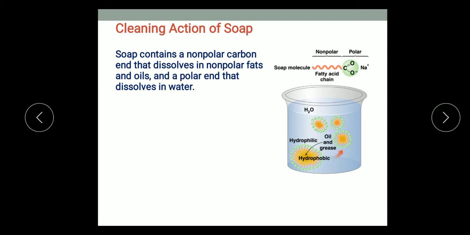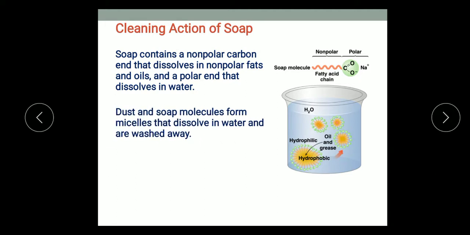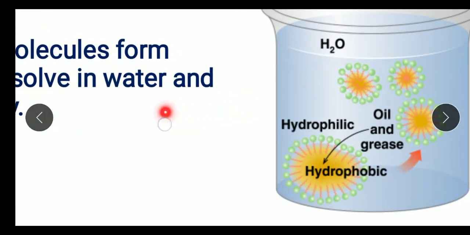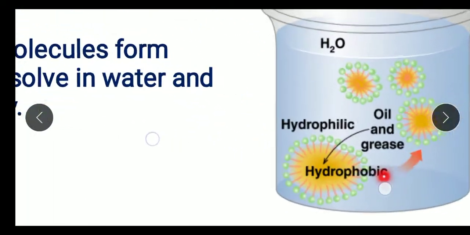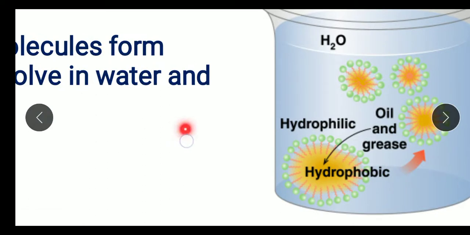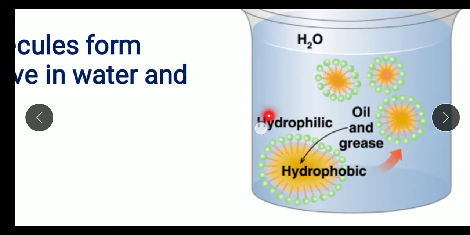So when we rinse the cloth, the micelle along with the dissolved oil, grease and dirt gets rinsed away and thus our cloth gets cleaned. You can see the figure given here. It is a grease or oil droplet having dirt, and we see here the formation of a micelle around it.